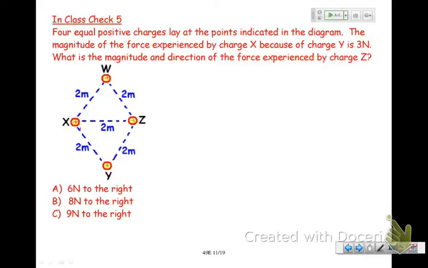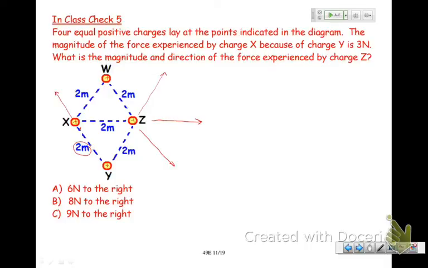I'm interested in the magnitude and the direction of the force experienced by charge Z. So charge Z will be pushed away by charge X, pushed away by charge Y, and pushed away by charge W. Now, between Y and X was 2 meters, and you got a 3 newton force.